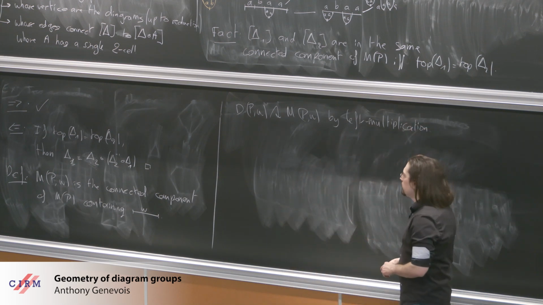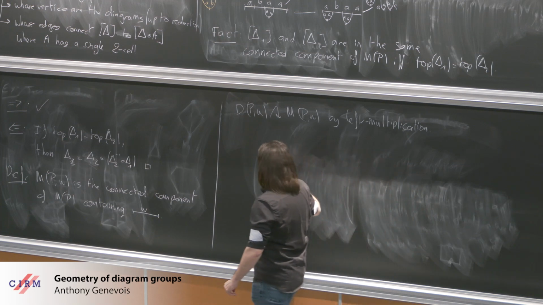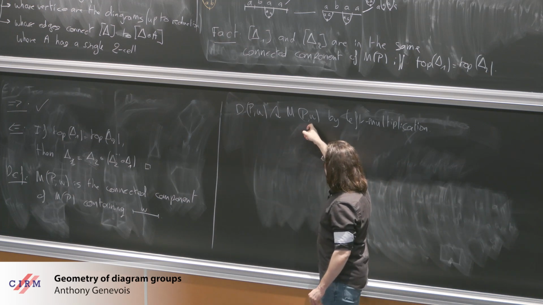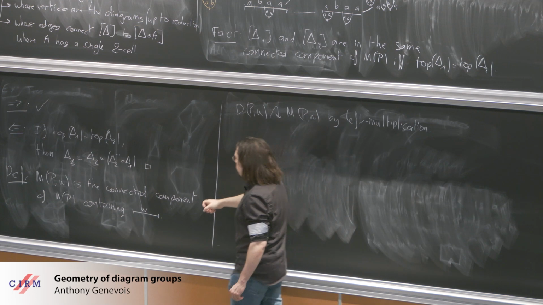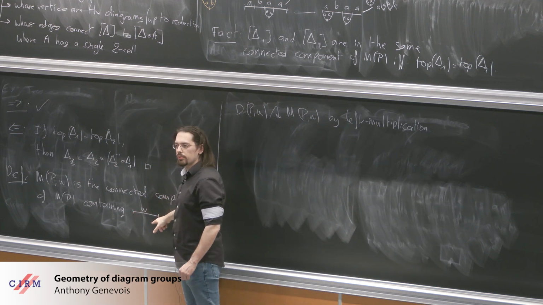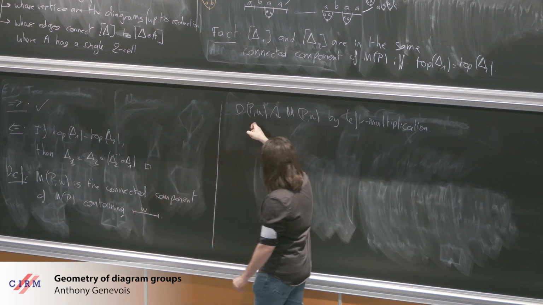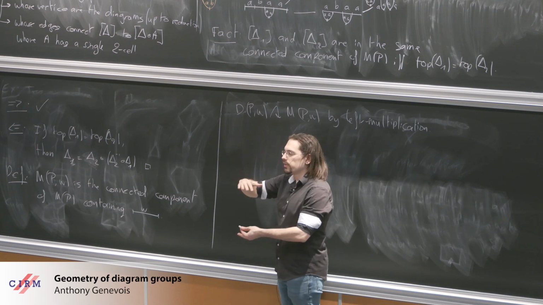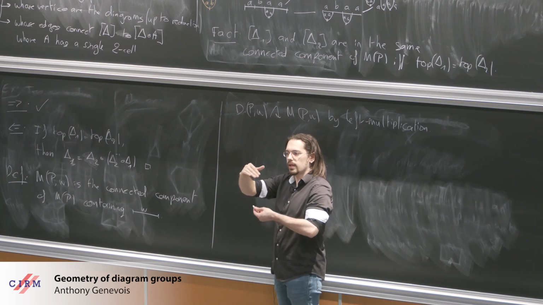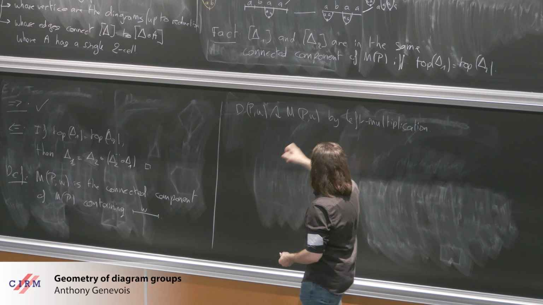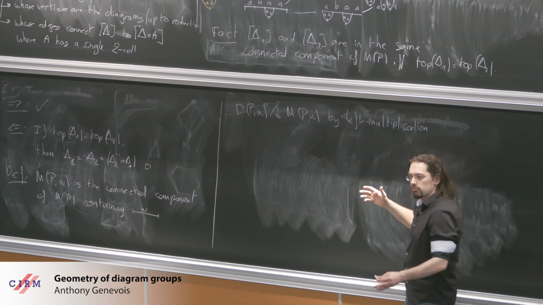And this is well defined because we know that all the vertices of MPW are given by diagrams with W at the top, but an element of my group is a spherical diagram with W at the top and at the bottom. So the left multiplication is well defined. That makes sense.